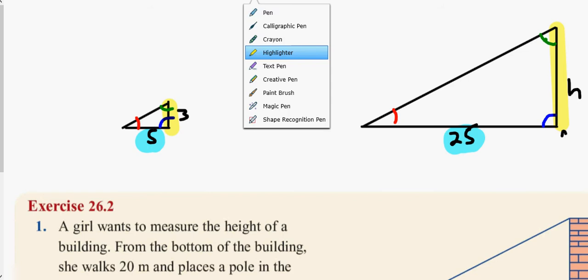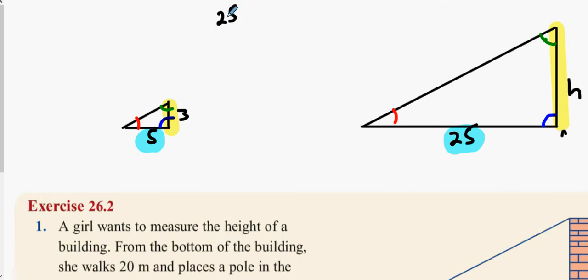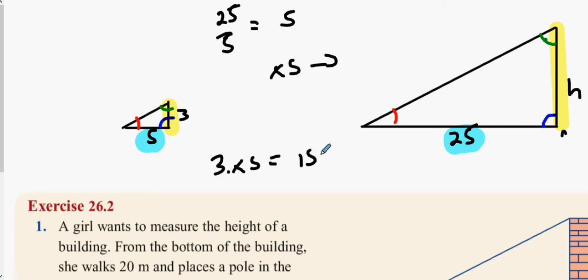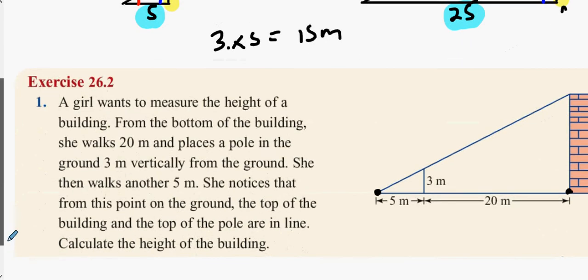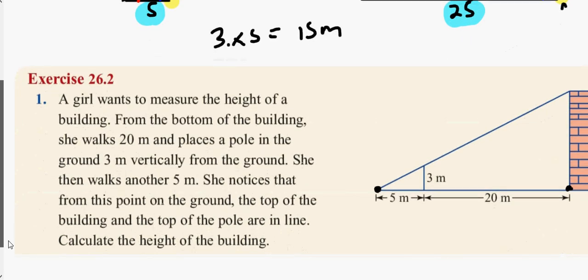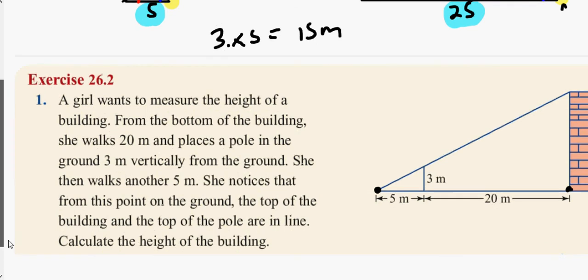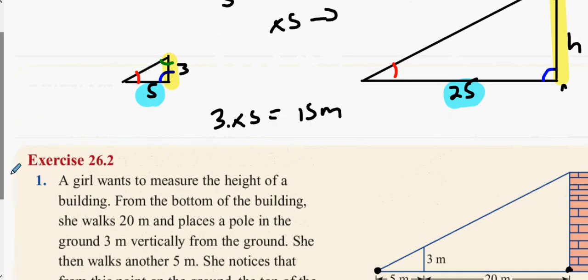So 25 divided by 5 equals 5. The large triangle is 5 times bigger than the small triangle. So 3 multiplied by 5 is 15 meters. So the height of the building is 15 meters, right?